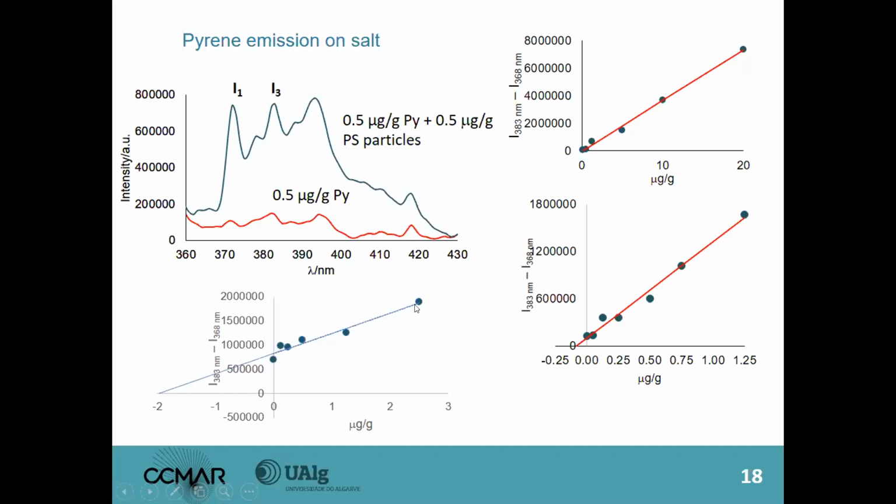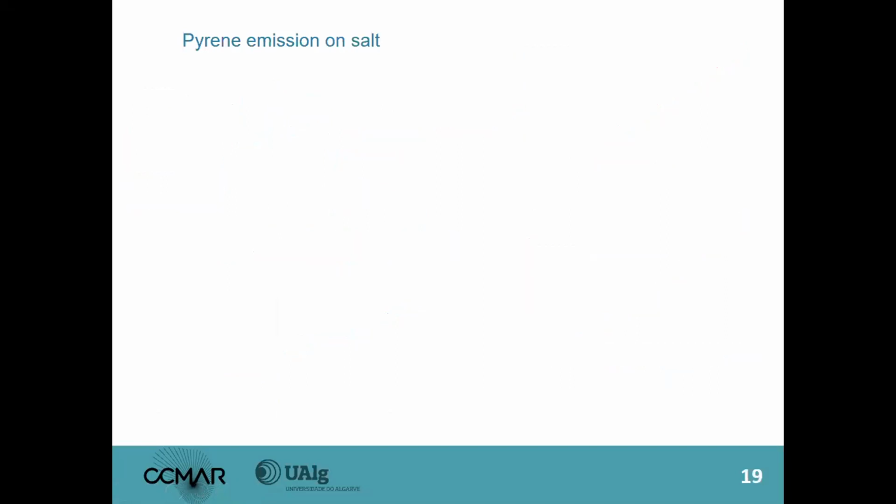So basically we took a natural sample of salt and added different amounts of polystyrene, and we got a curve that we extend to the negative part of the x-axis. With this negative number, we can calculate the concentration of hydrophobic particles on the salt surface. This is called the standard addition method.